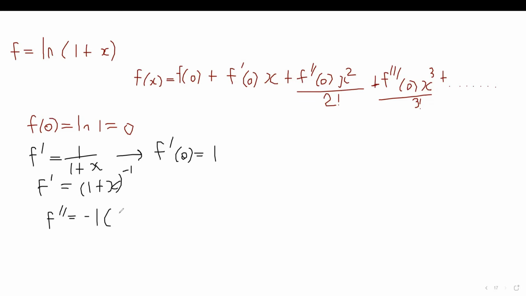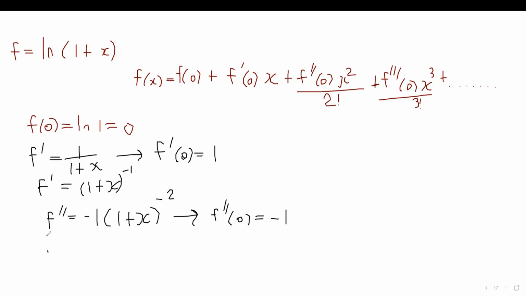Subtract 1 from the power, which is now (1 + x) to the minus 2. Multiplying it by 1 won't do anything. So now we can find f double prime of 0, and plugging that in, we're going to get minus 1 times 1 is minus 1.